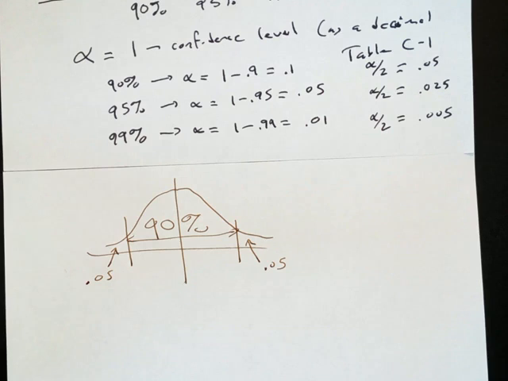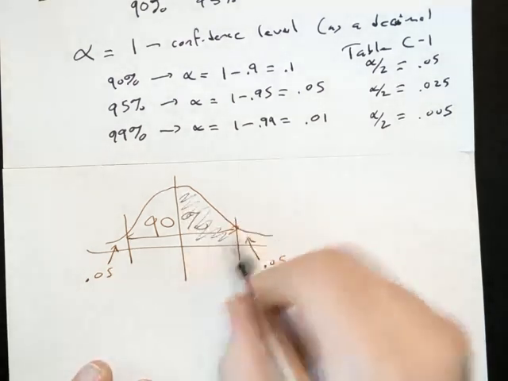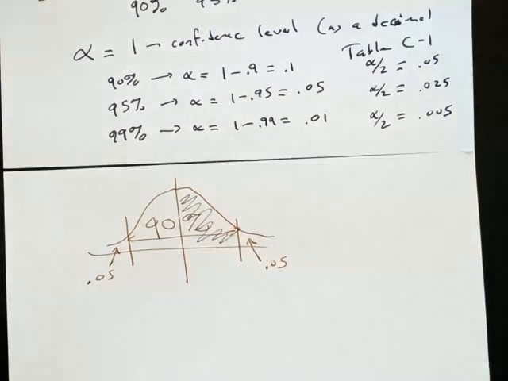Hannah, what do I want? 0.10 would tell me from the middle, 10%. I want the upper bit. Say it louder. I want 0.45 because this, which is what I get from that table, is half of 90.